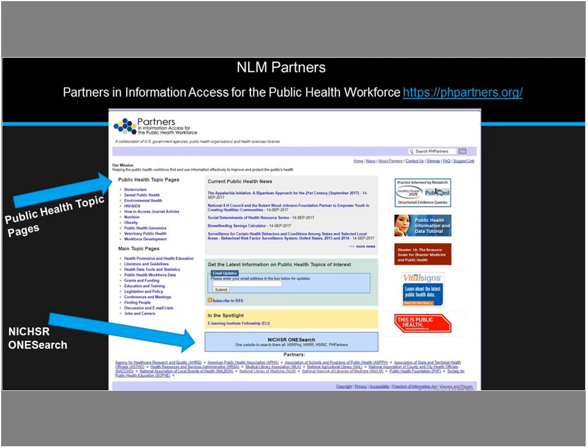So if you click on that one search, it searches the HSR-PROJ, HSRR, HSRIC, and PHP partner sites. Partners and Information Access for the Public Workforce is a collaboration of U.S. government agencies, public health organizations, health sciences libraries.